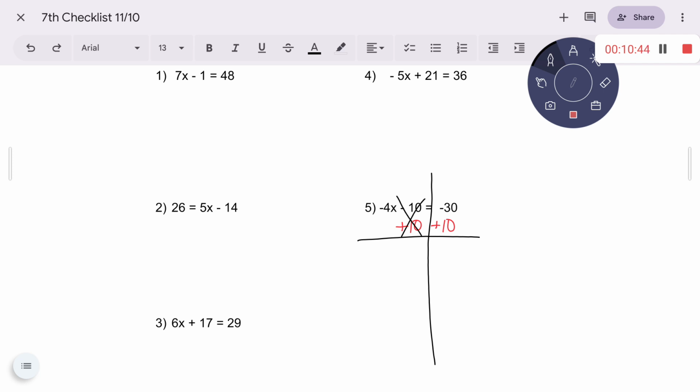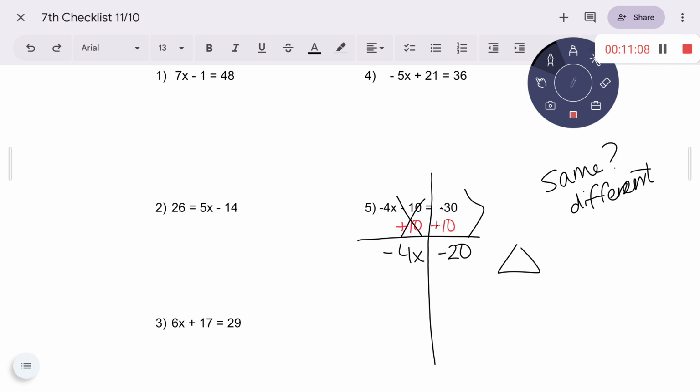You remember, so I put negative 4x, and then right here, I have to look. Is it same or is it different? These are different, different, different, subtract. So then I do not have this alone, so the next thing you'll do is divide. Remember to divide by a negative because there's a negative in front. And I'm going to let you finish that.